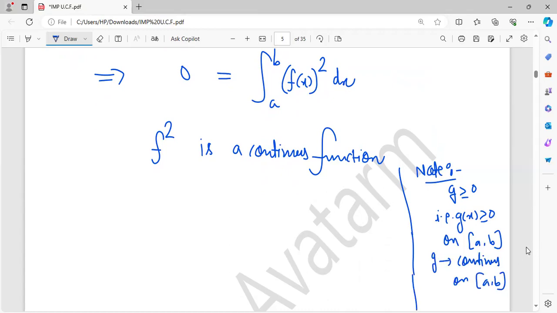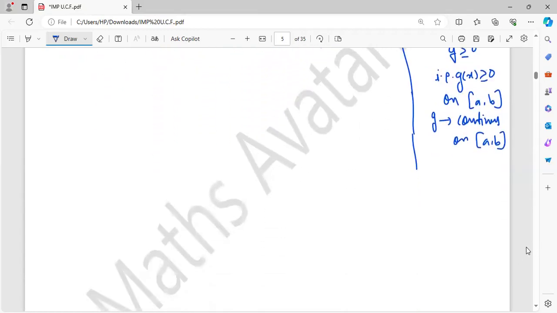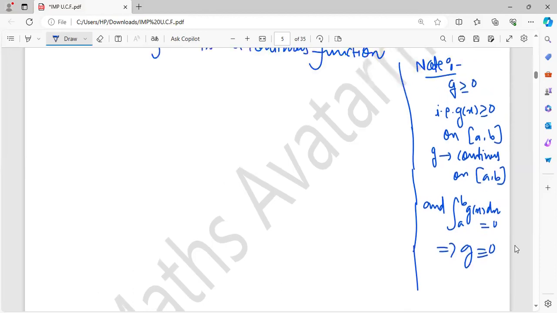Then the function is identically 0. That is, if the integral of g(x) dx from a to b is 0, then this implies g is the 0 function. This is the result: if you have the integration over a closed interval of a non-negative continuous function on a closed interval is 0, then the function has to be 0.